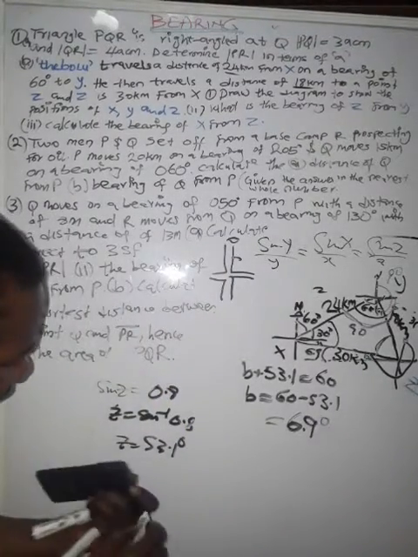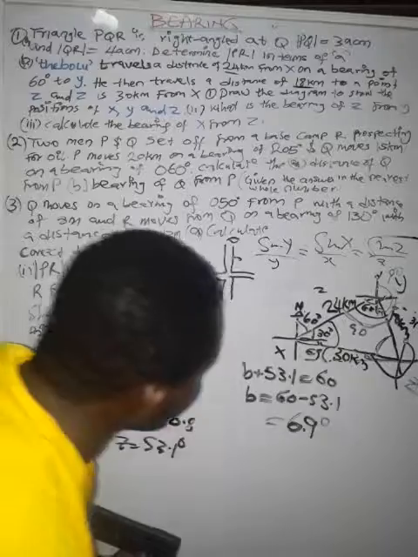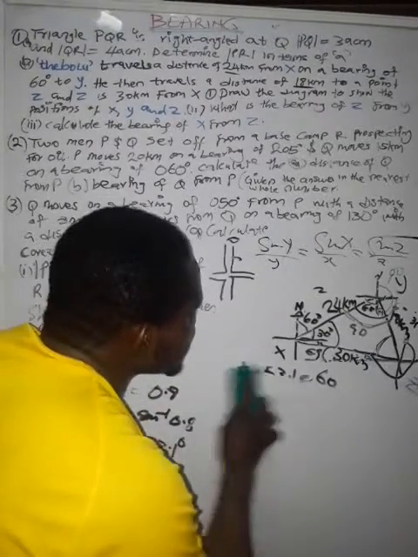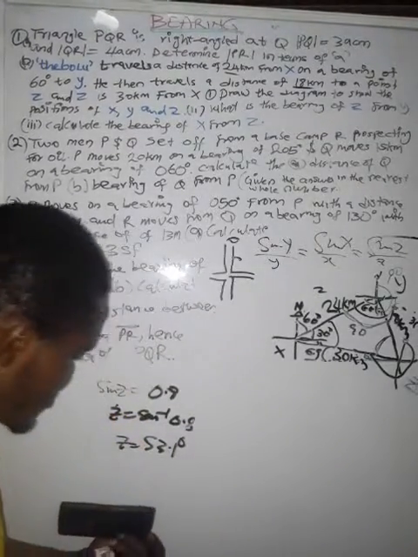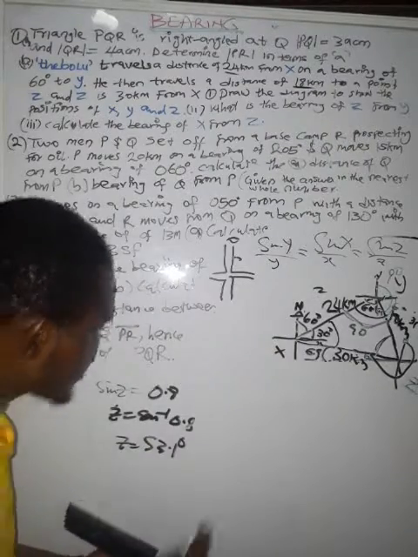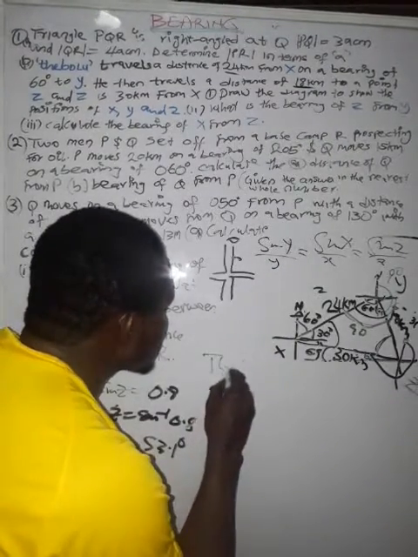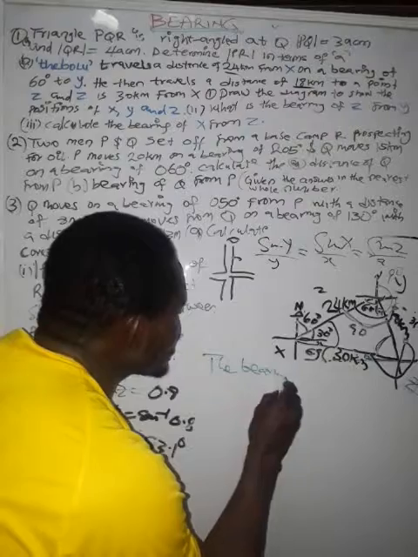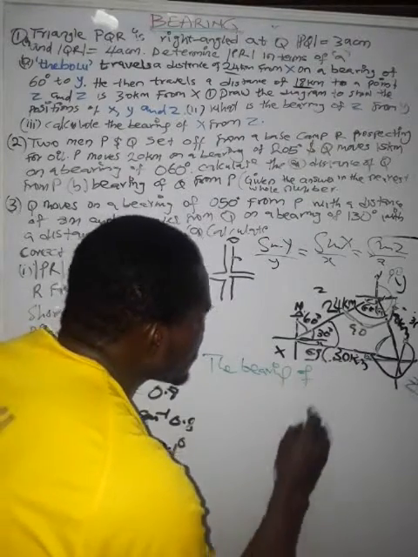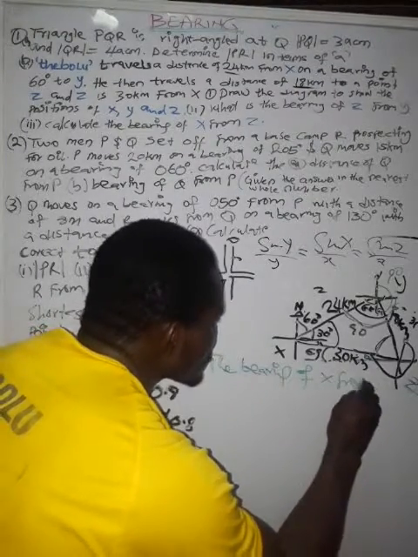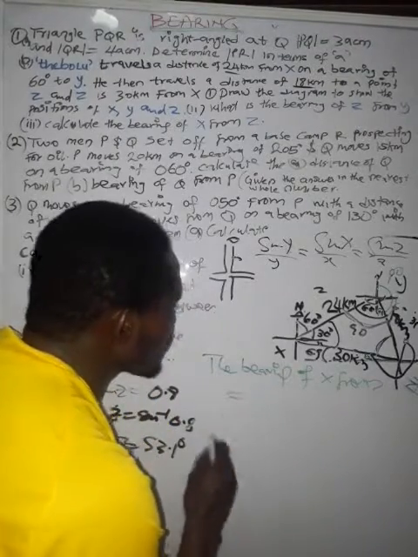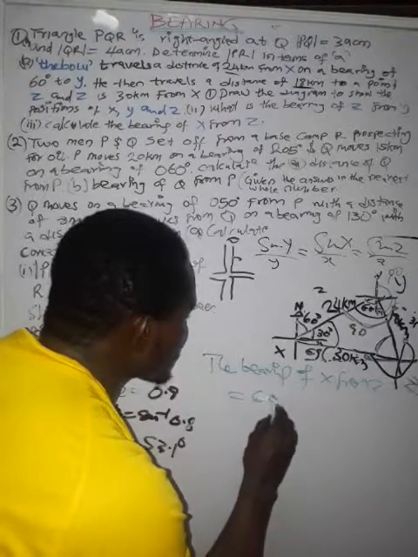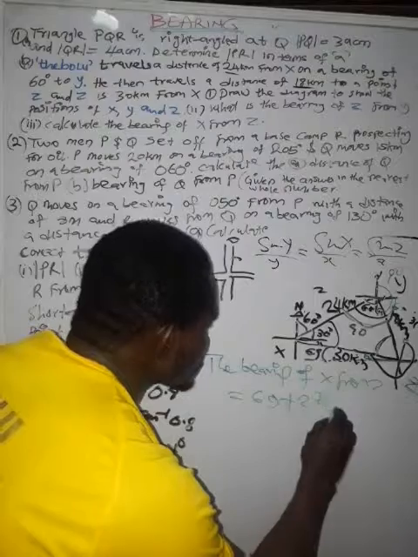So we write that the bearing of x from z will be equal to 6.9 plus 270.